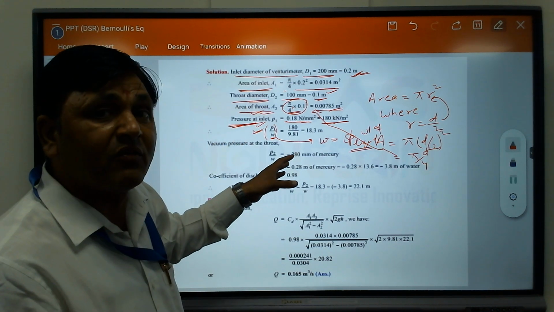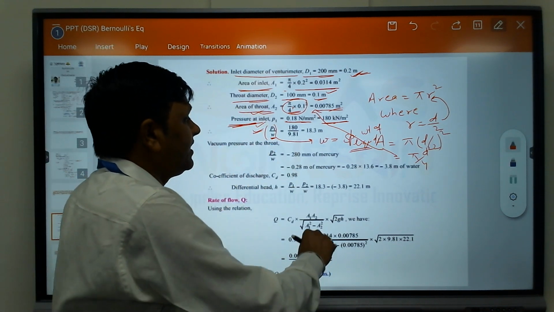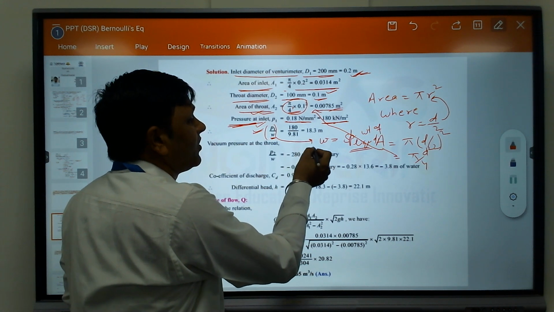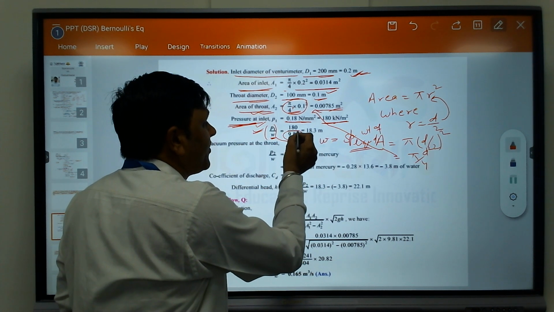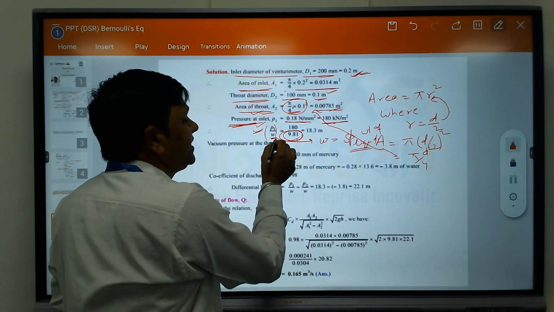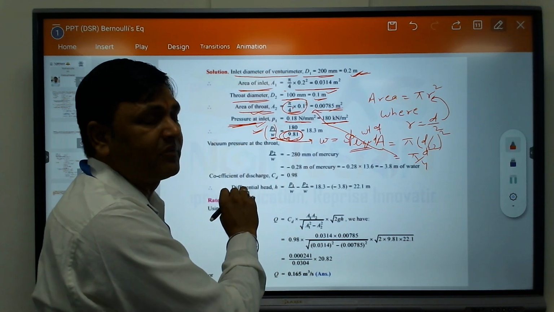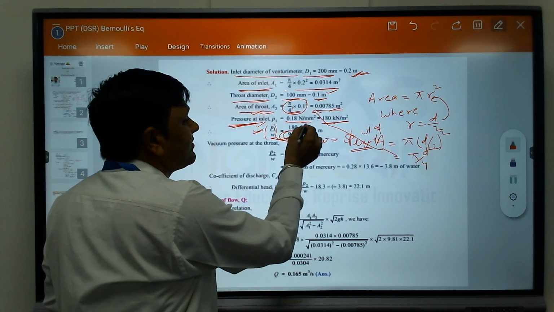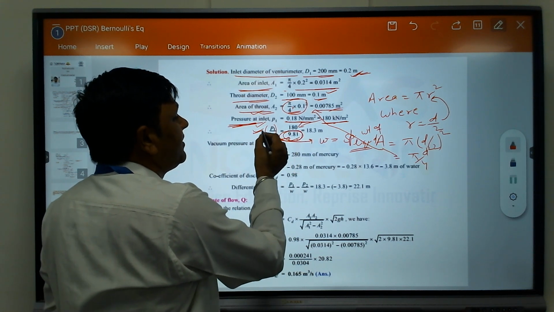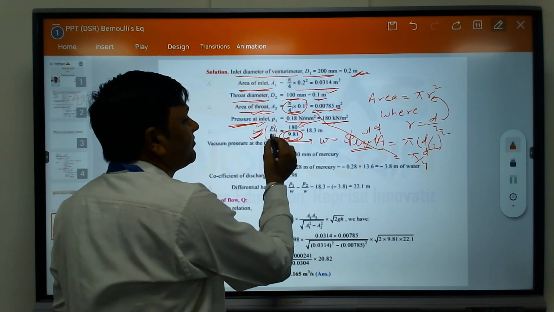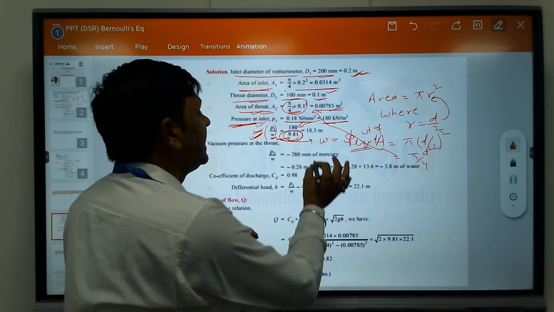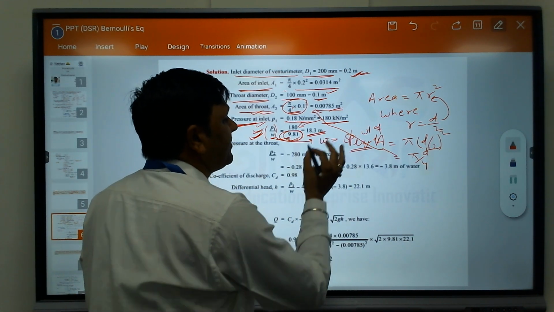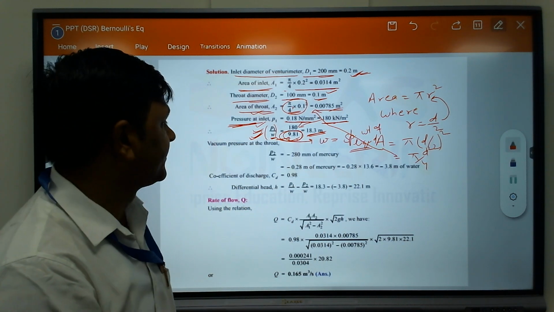Here water is taken, therefore the specific weight of water is 9.81. Putting the specific weight 9.81 and pressure value 180, we find the term P1 over W, which is also known as the pressure head, equal to 18.3 meter.